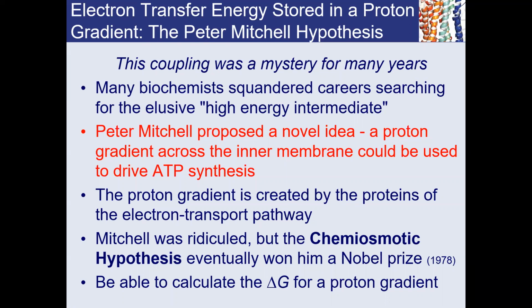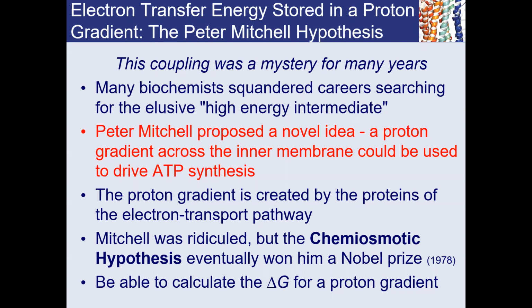An example would be phosphoenol pyruvate, if you recall, which can transfer a phosphoryl group to ADP, and that's how you make ATP. That is what most scientists were thinking at that time.